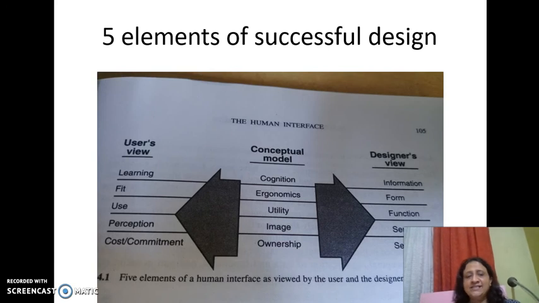If we take the user's view about cognition, the user needs to learn about the product interface. And from the designer's point of view, designers should collect information and use it properly to provide the product interface. This is just a simple example. We'll see one by one about this. Let us concentrate on the first element, that is cognition.